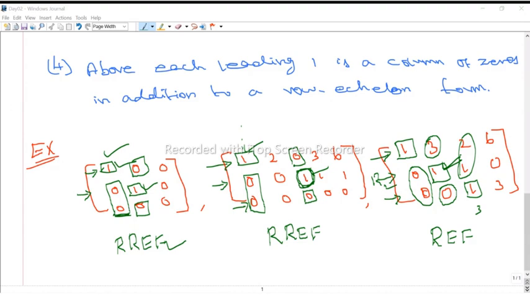Once you reduce the given augmented matrix into one of them, we can easily solve the problem, because we get so many zeros in the matrix. So that's why we reduce the given augmented matrix into reduced row echelon form. It is even better. Reducing to row echelon form is okay, but reducing to row reduced echelon form is still better.